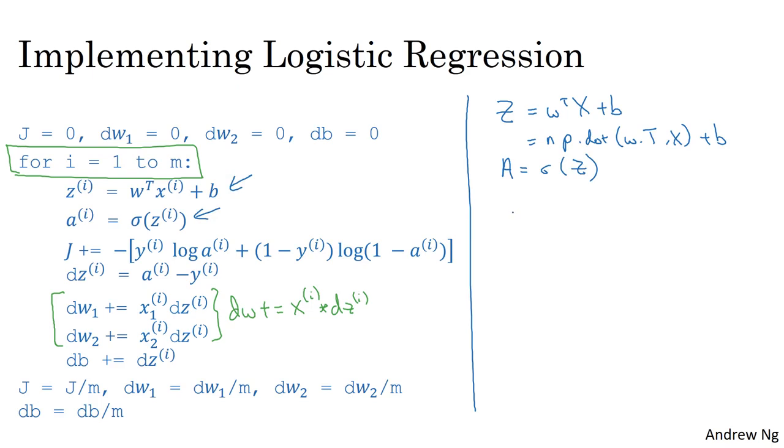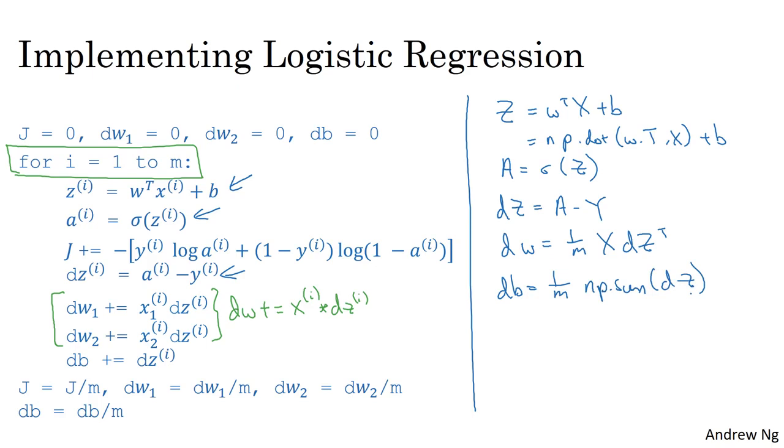Next, on the previous slide, we said you would compute dZ equals capital A minus capital Y. So now you computed all of this for all the values of i. Then finally, dw equals 1 over m times X times dZ transpose, and db equals 1 over m of np.sum(dZ). So you've just done forward propagation and back propagation, really computing the predictions and computing the derivatives on all m training examples without using a for loop.